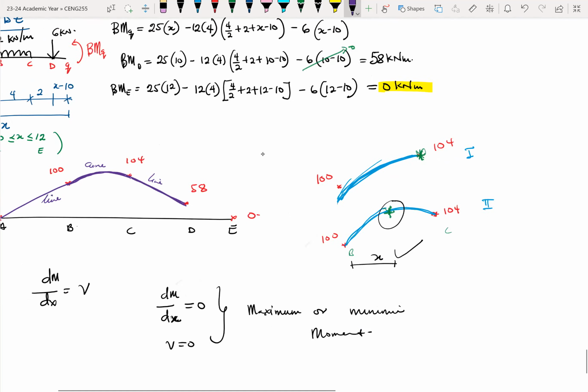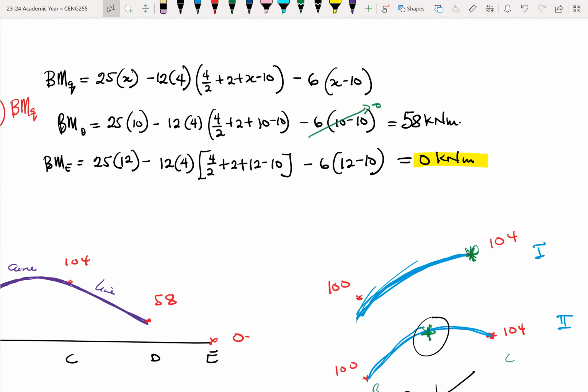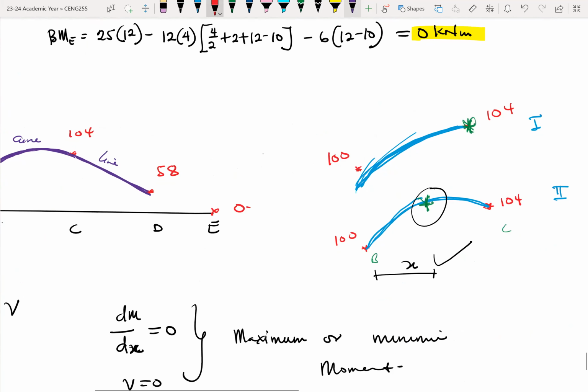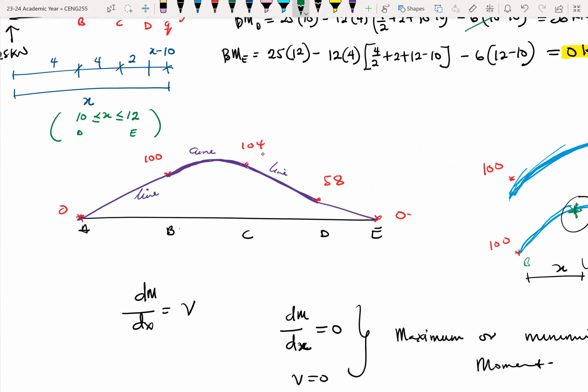Then again, between D and E, the highest exponent of x is 1. So again, this makes this equation linear. And then you can join the 2 points now. So in effect, this becomes your bending moment diagram.